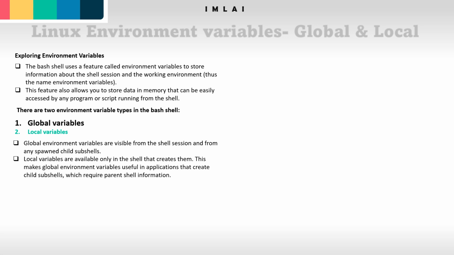The Linux system sets several global environment variables when you start your bash session. For example, the system environment variables almost always use all capital letters to differentiate them from normal user environment variables.